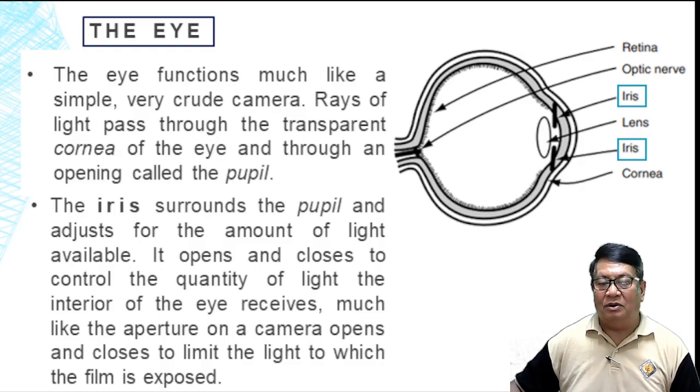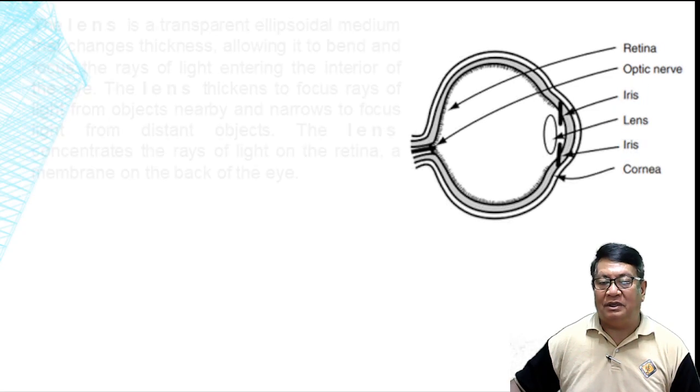It opens and closes to control the quantity of light the interior of the eye receives, much like the aperture of a camera opens and closes to limit the light to which the film is exposed. Okay, so that is all about the iris.